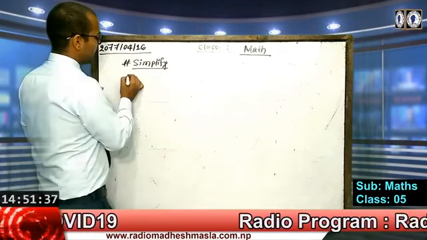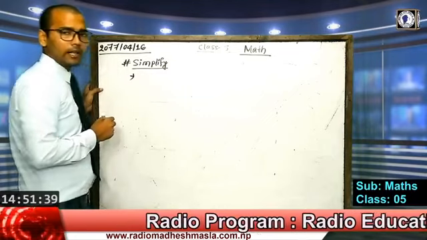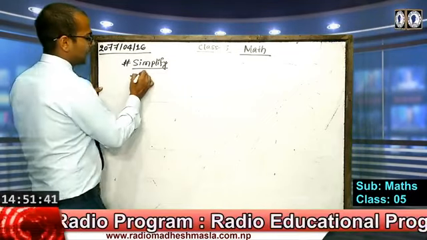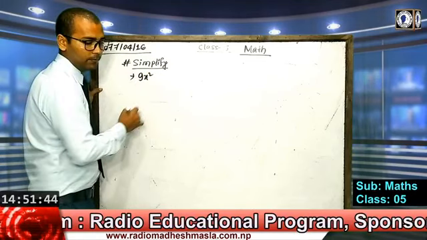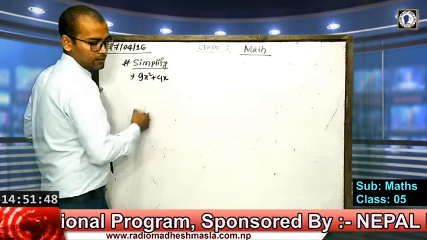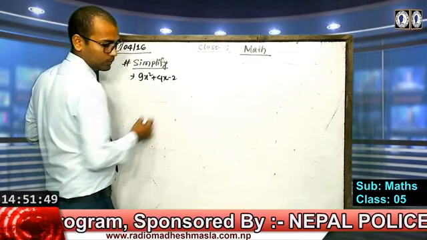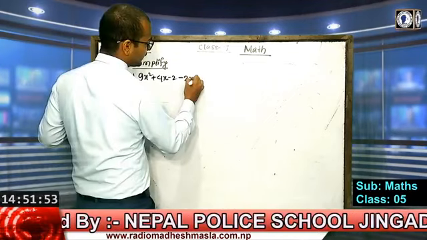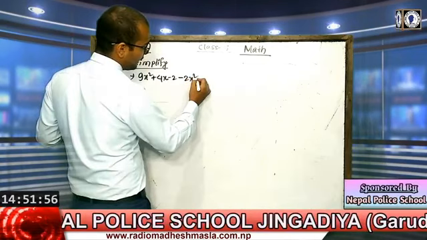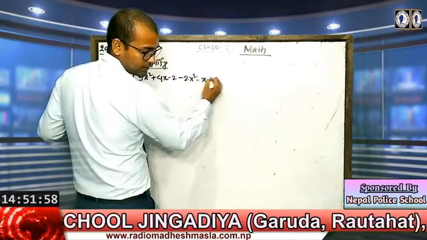And in simplify, let's take an example. Suppose in question number 8 it is given as 9x square plus 4x minus 2 minus 2x square minus x plus 6.